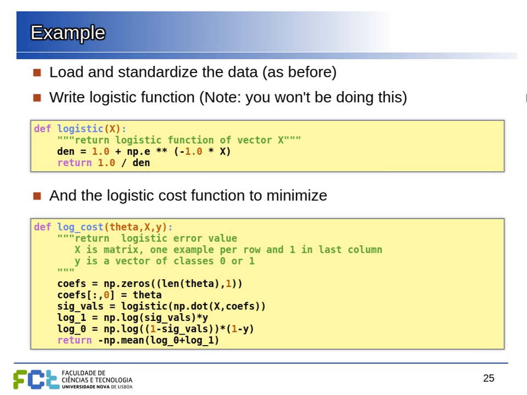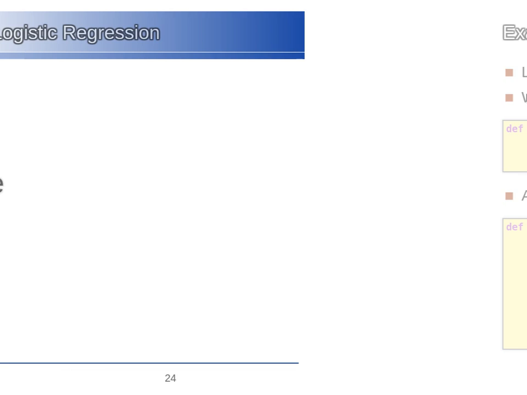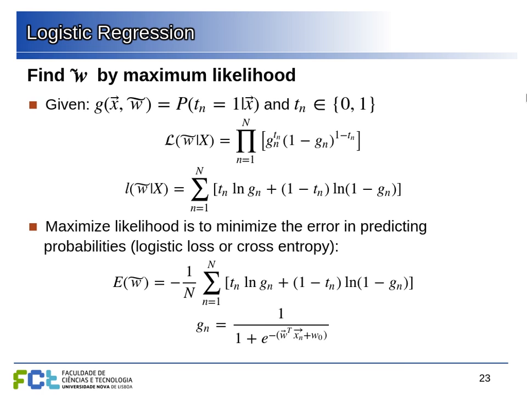Okay, so let's see an example. This is a function just to compute a logistic function: 1 over 1 plus e raised to minus 1 times x. And then we create the cost function which computes this expression here.